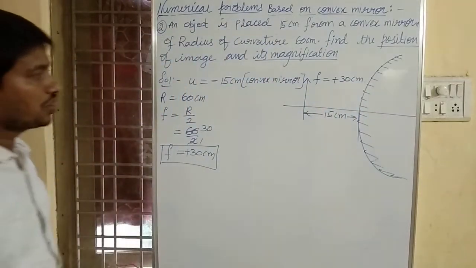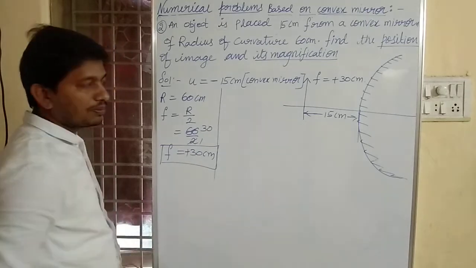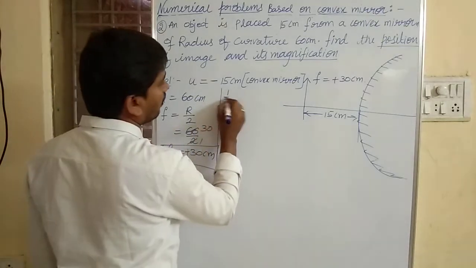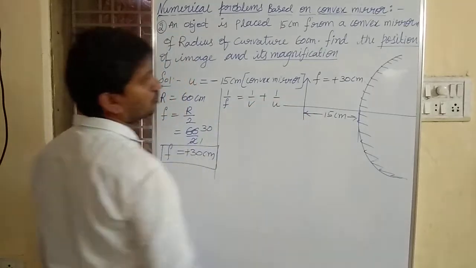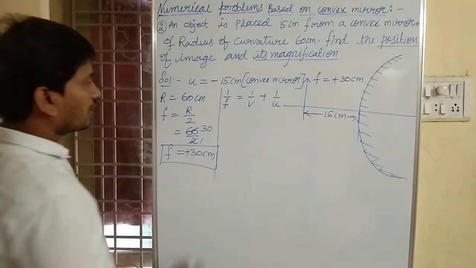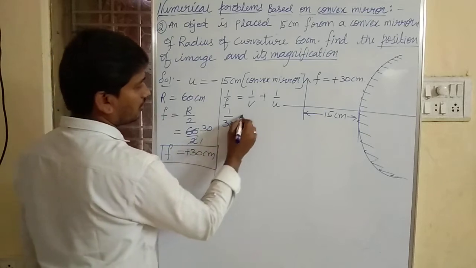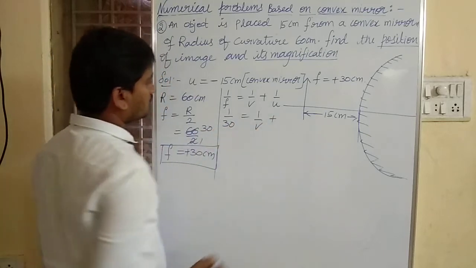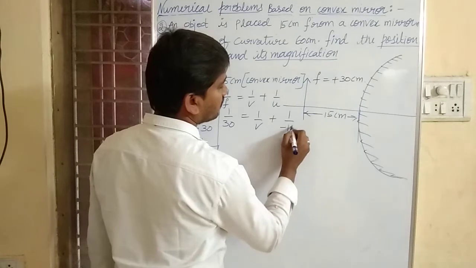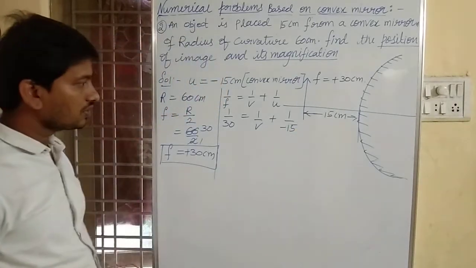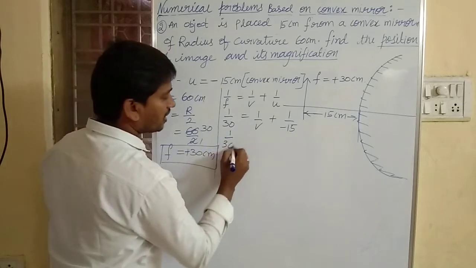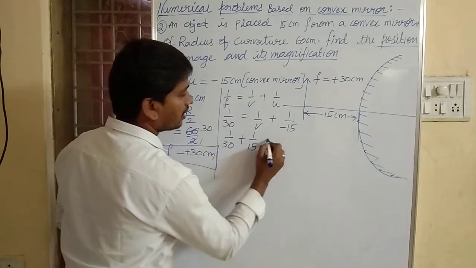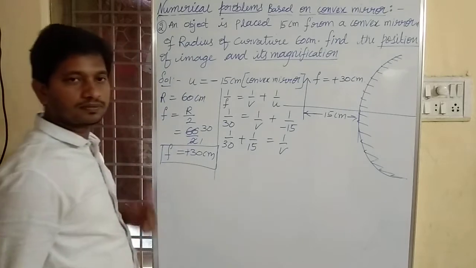Now let us find out the position. Let me substitute these values in our mirror formula. 1 by f equal to 1 by v plus 1 by u. 1 by 30 equal to 1 by v plus 1 by minus 15. Let me transpose minus 1 by 15 to this side, which will become 1 by 30 plus 1 by 15 equal to 1 by v.